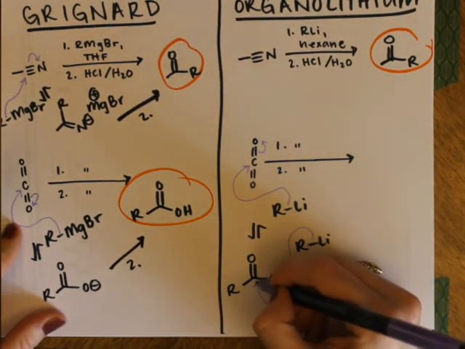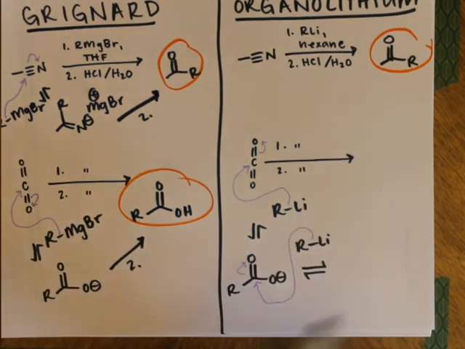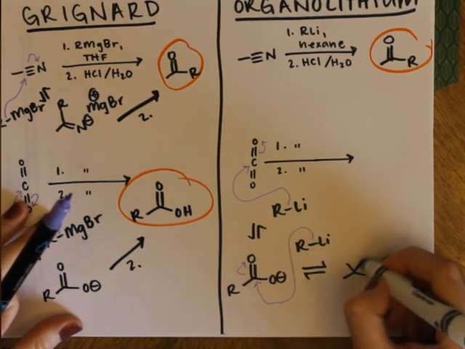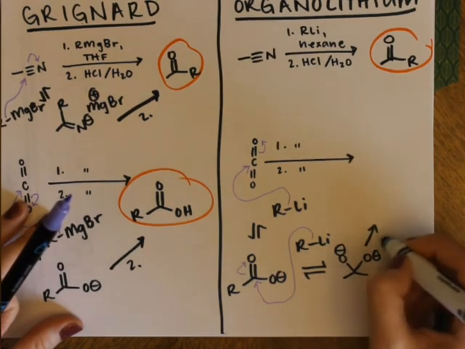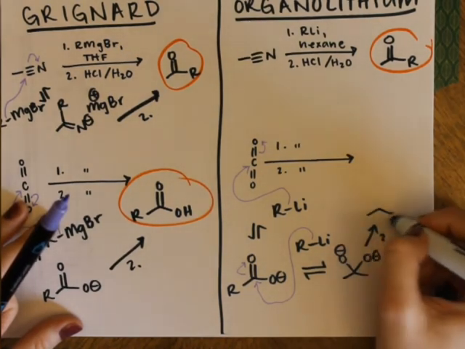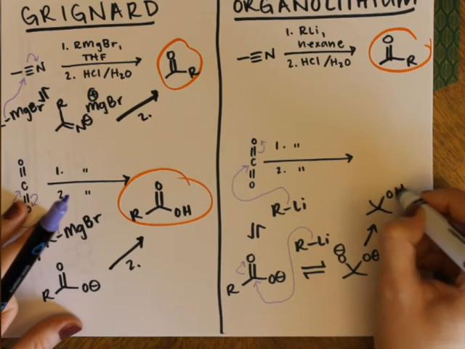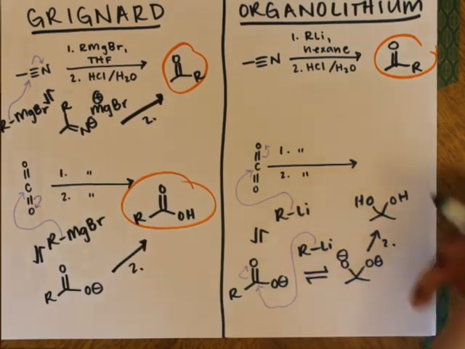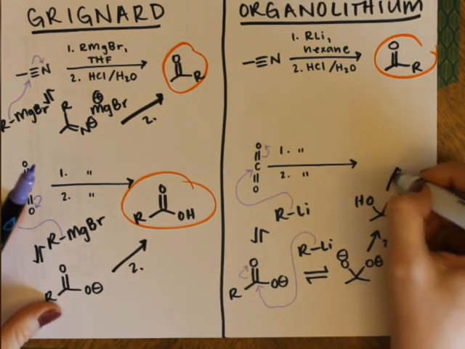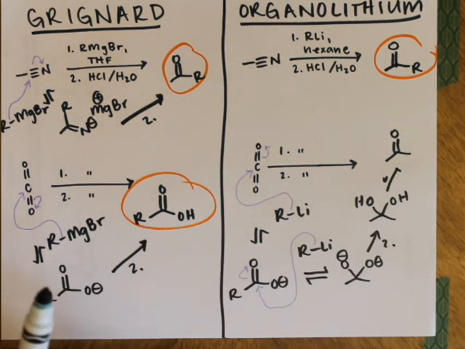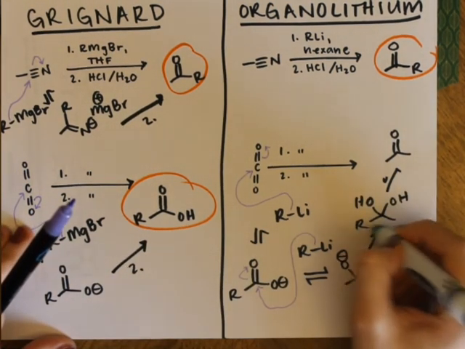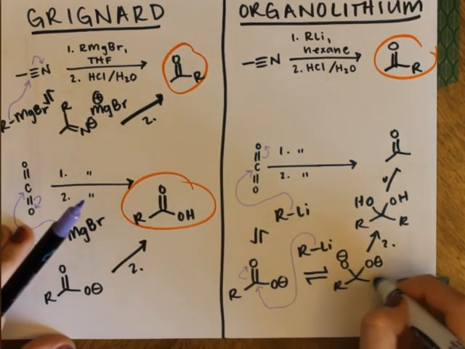We'll make that dianion, which will turn into a hydrate in step 2, which never actually stays in the form of a hydrate because it rapidly equilibrates into the ketone. Forgot to draw my R's.